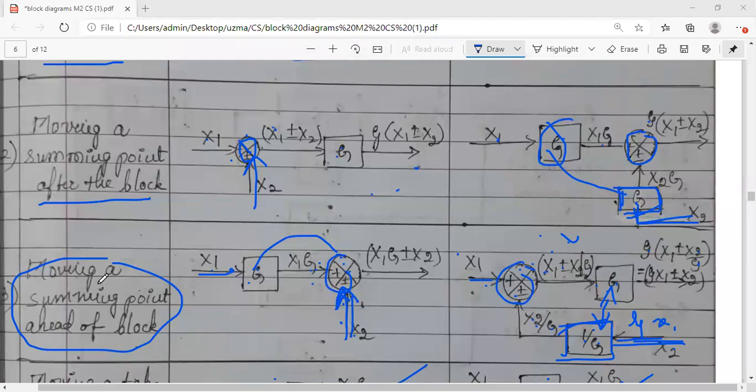In case of the summing point ahead of the block, just now as I told you, the signal should be passed through a block whose gain is a reciprocal of the original gain.